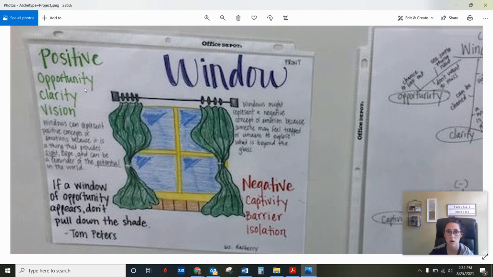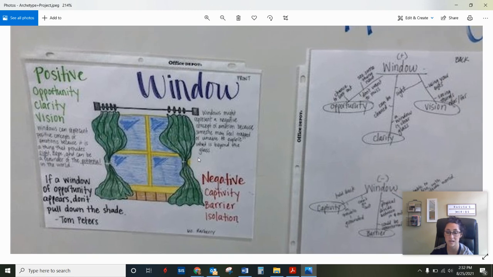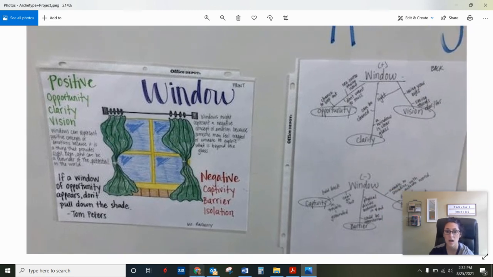You see there are the positive archetypes here from your main one, and then you have negative down here. You explain why it's positive, explain why it's negative, give a quote. Say who the quote was from, please. Make sure your name's on it, but you're also going to draw a picture of whatever your archetype is. So that's what we're doing here.